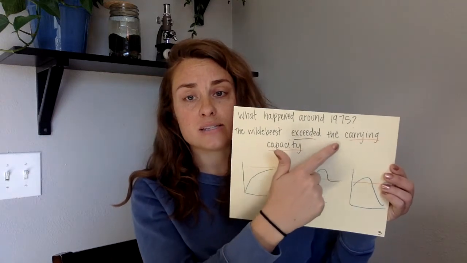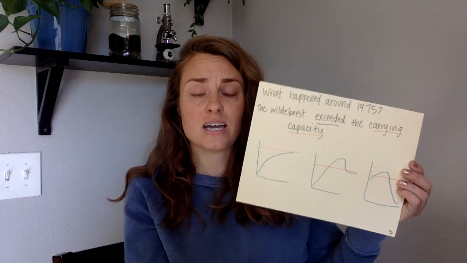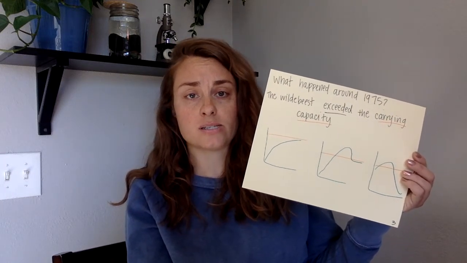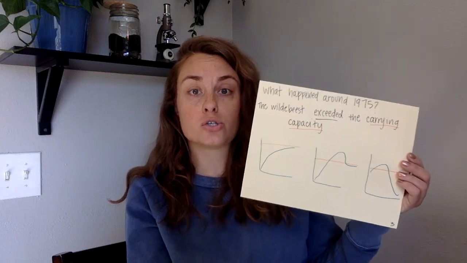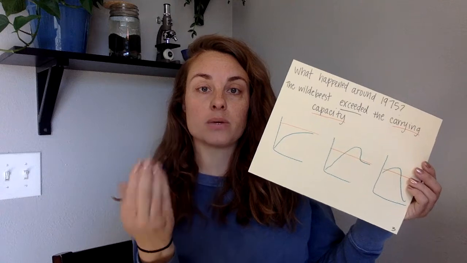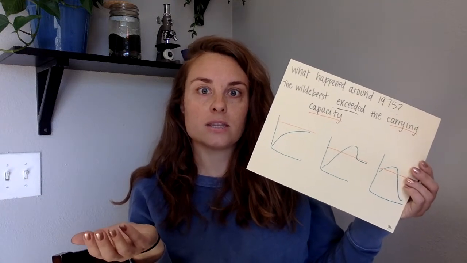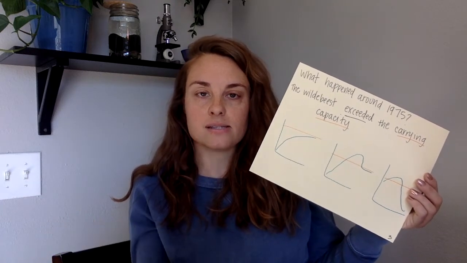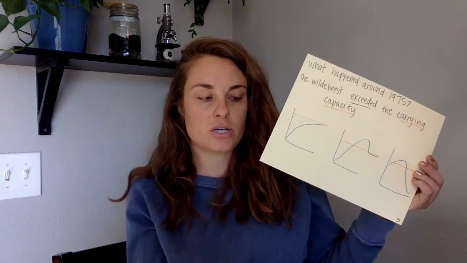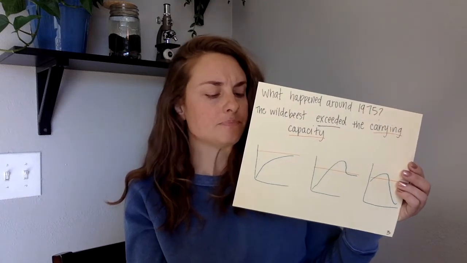So the carrying capacity is really just this idea that ecosystems only have so many resources to support populations. So if a population consumes more food than the ecosystem can replenish, then they run out of food, which makes sense. And so we're talking mostly about grasses here, and the wildebeest population, as you saw, was so high.